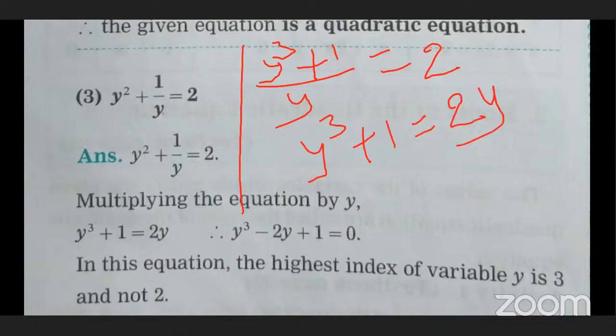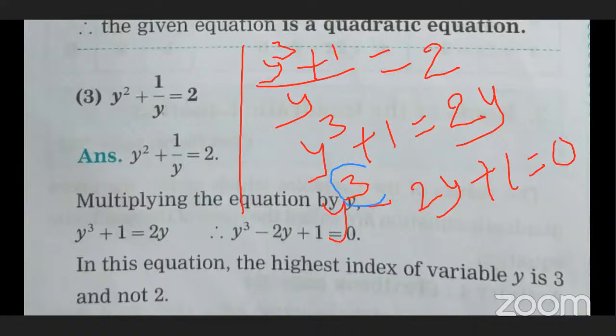Shift it, y cube minus 2y plus 1 equals to 0. Right? Because the degree is 3 here. Degree means index, and the index is 3 here. So it is not a quadratic equation. Am I right? y cube minus 2y plus 1 equals to 0.